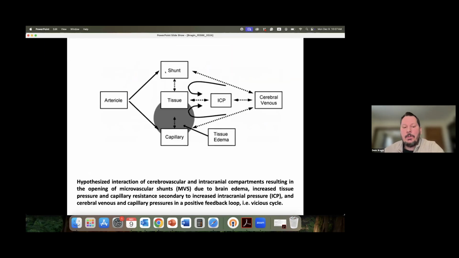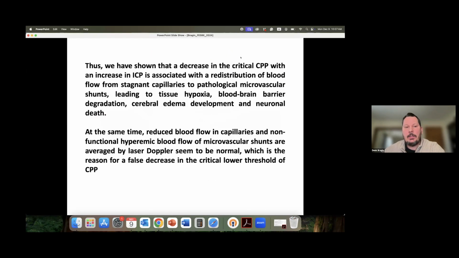So we created a hypothesis of how it works, and we conclude that decrease in critical cerebral perfusion pressure with increased ICP is associated with the redistribution of blood flow from stagnant capillaries to pathological microvascular shunts, leading to tissue hypoxia, BBB dysregulation, and cerebral edema development and neuronal death.